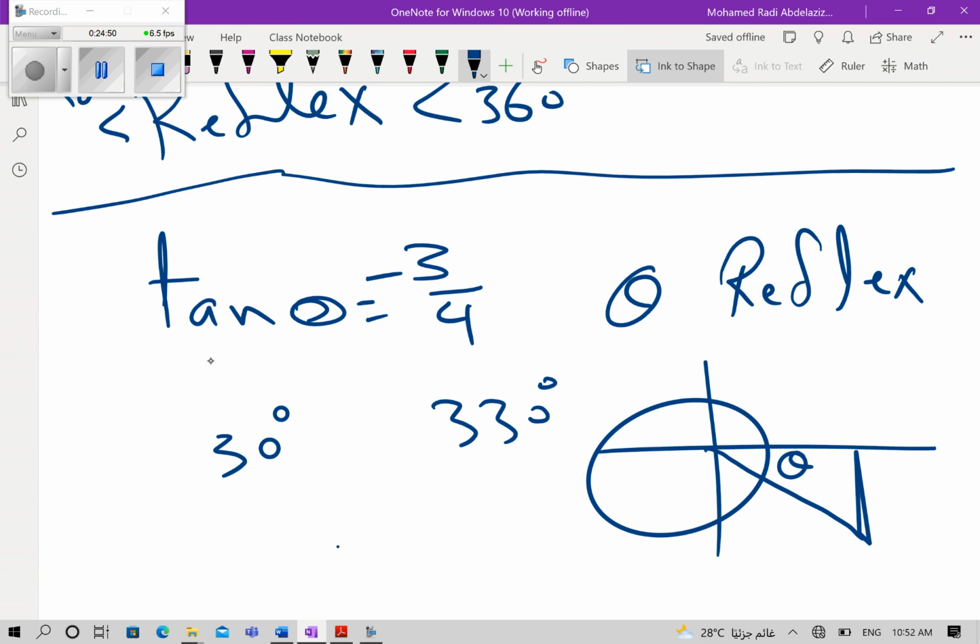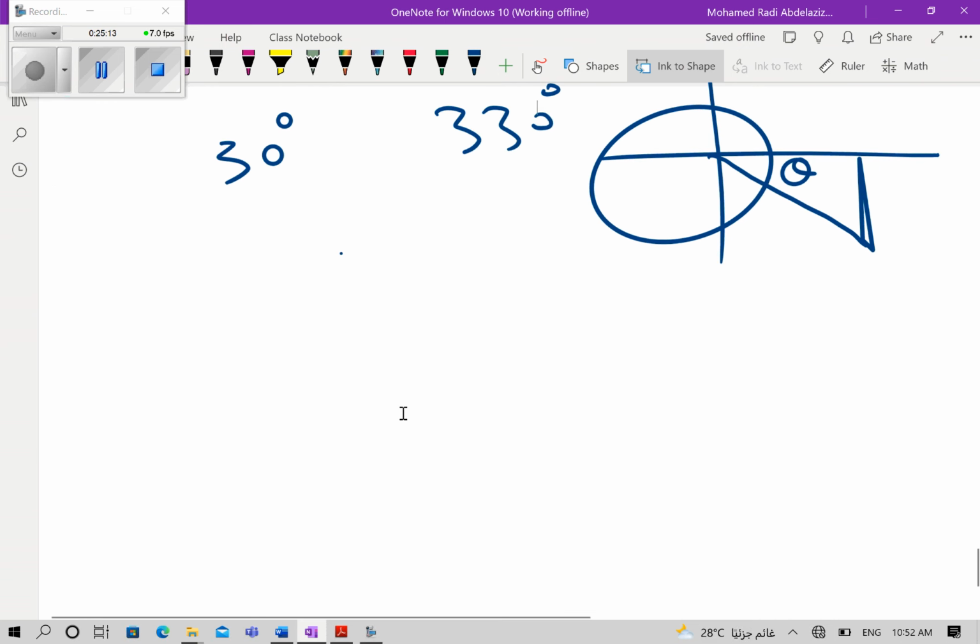Sine 30 is 1 over 2, and sine 330 is negative 1 over 2 because it lies in the fourth quadrant. When I draw a right angle triangle, theta means the basic angle, from 0 to 90. If it is an obtuse angle, it will be 180 minus theta. If it is a reflex angle, 360 minus theta. I will explain this part when I solve the equations.